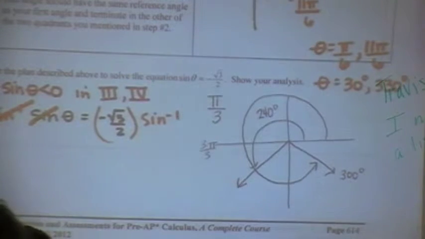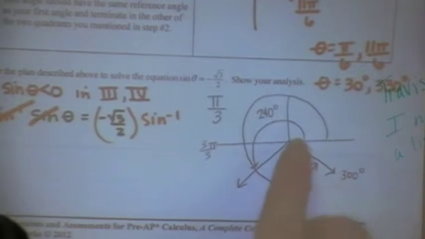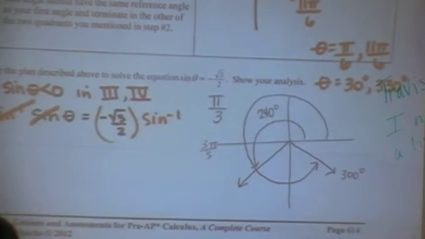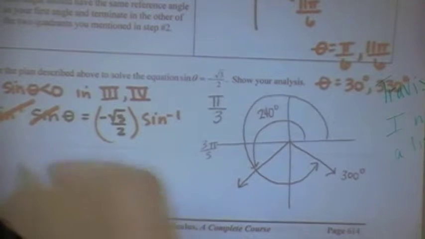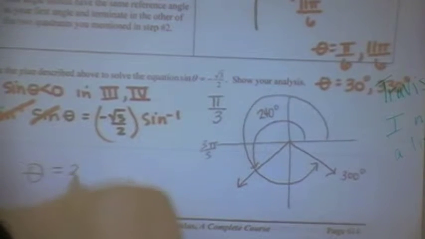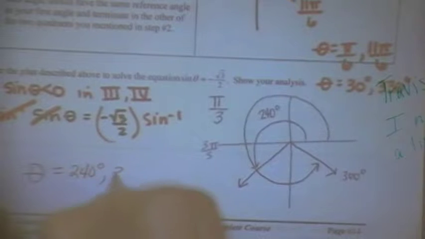So 1, 2, 3, which means I fold this finger in. That leaves me 3 on bottom and 1 on top. And then that's the angle. Whatever finger you folded in is the angle. Does that make sense? Okay, so I drew my 240 and my 300. I think that was it. So theta equals 240 degrees and 300 degrees.